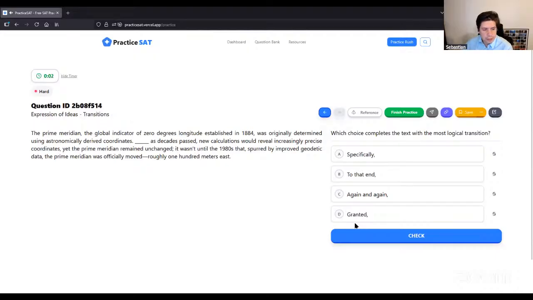The prime meridian, the global indicator of 0 degrees longitude established in 1804, was originally determined using astronomically derived coordinates. Exactly, in fact. Blank, as decades passed, new calculations would reveal increasingly precise coordinates, yet the prime meridian remains unchanged. It wasn't until the 1980s that, spurred by improved geodetic data, the prime meridian was officially moved roughly 100 meters east.